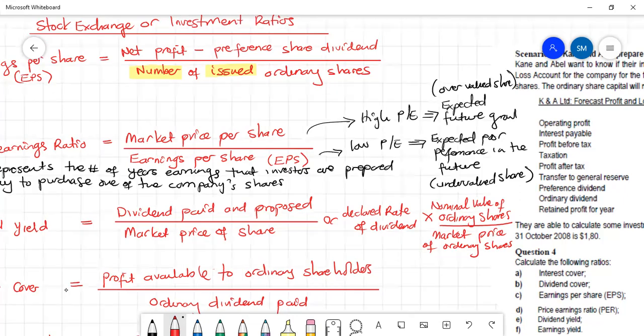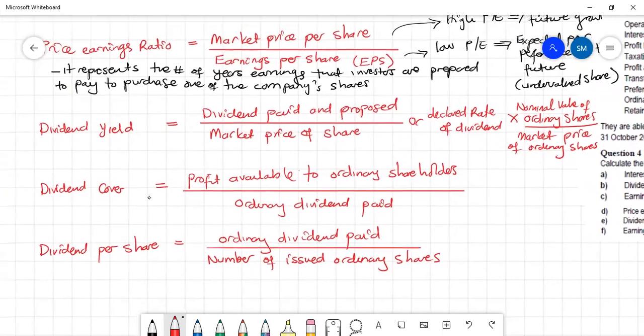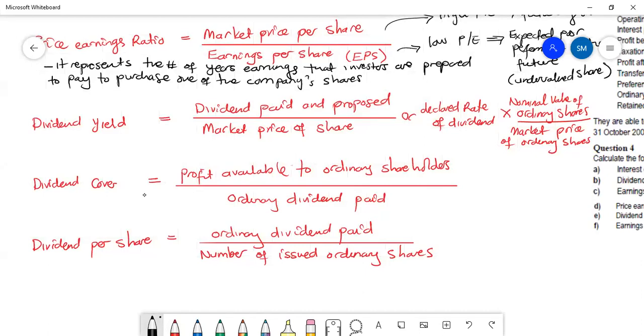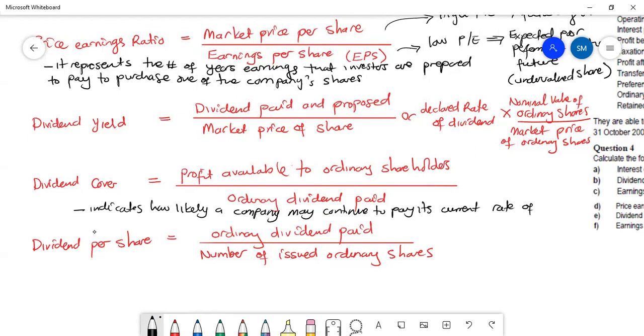Then we go to your dividend cover. A dividend cover, well, let's just say it indicates how likely a company can continue to pay its current rate of dividend in the future.